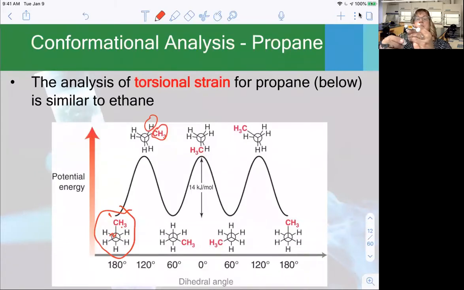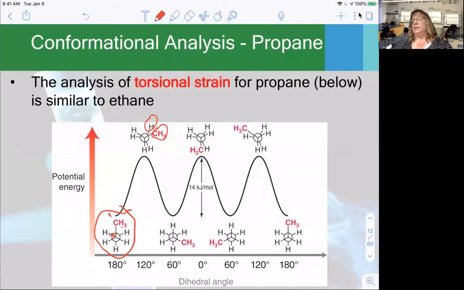Then I rotate and I'm staggered. I rotate and I'm eclipsed. I have 2 hydrogen-hydrogen interactions and a methyl-hydrogen interaction. Then I rotate and I'm staggered, rotate and I'm eclipsed, and rotate and I'm staggered.